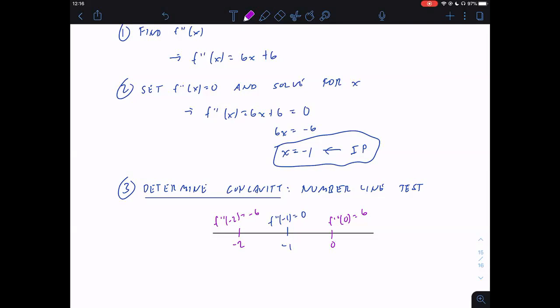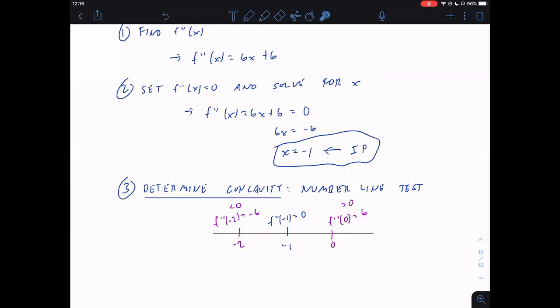Okay. So what do we see here? We see that before x equals negative 1, the second derivative was negative. It was less than 0. And then after that inflection point at x equals negative 1, it became positive. So what is this telling me about my original function of x?